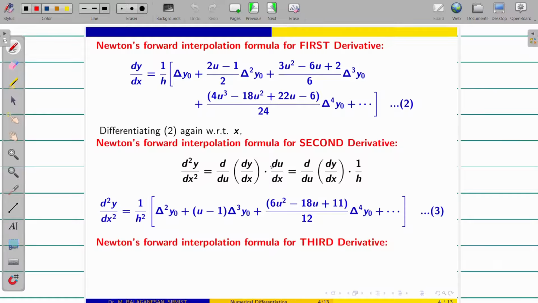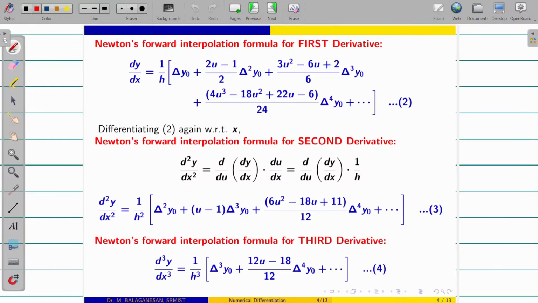Similarly, we proceed for the third derivative. It will be d cube y by dx cube, equal to 1 by h cube into del cube y naught plus 12u minus 18 divided by 12. They have written this. They have taken common values and cancelled them. For d square y by dx square, instead of writing 12 they have cancelled by 2.